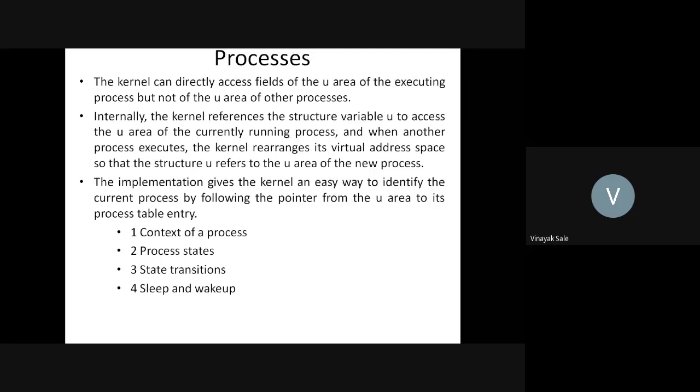When another process executes, the kernel rearranges its virtual address space so that the structure user refers to the user area of the new process. The implementation gives the kernel an easy way to identify the current process by following pointers from the user area to its process table entry.